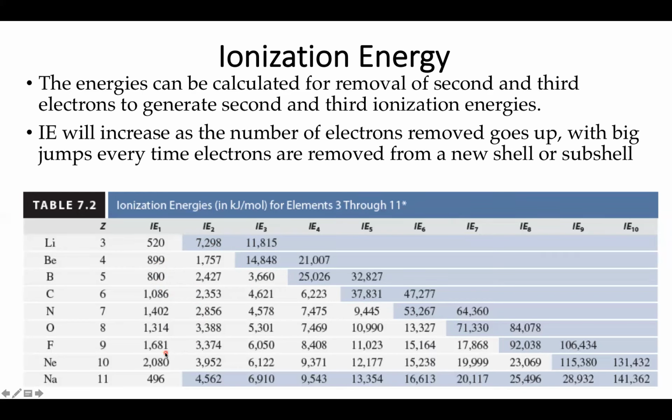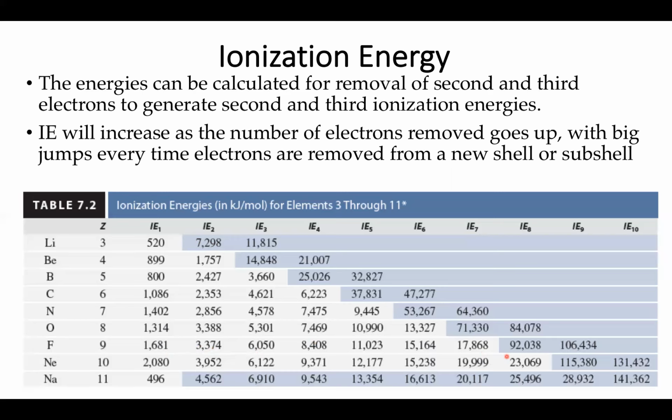For example, fluorine, you tend to see a slight increase and then a bigger increase here. But again, not quite so noticeable as when you're going to the new shell. So this is a good way to try and figure out how much an atom likes any specific electron and how tightly it's bound in.